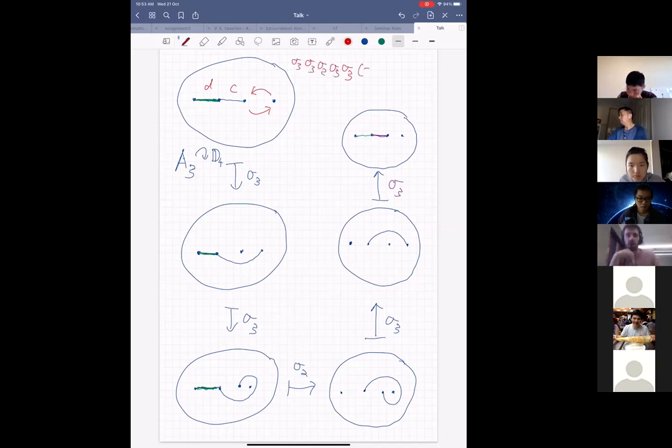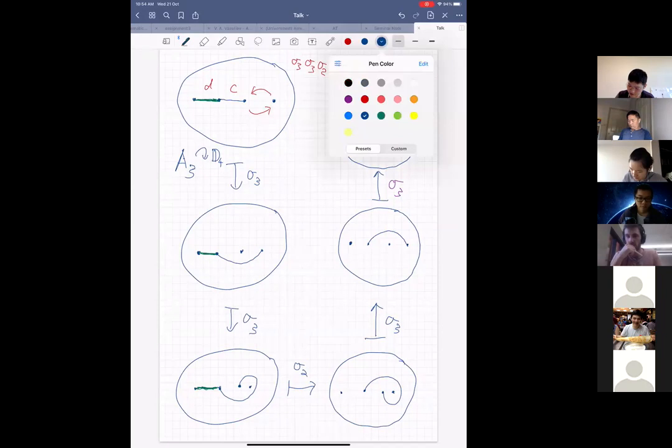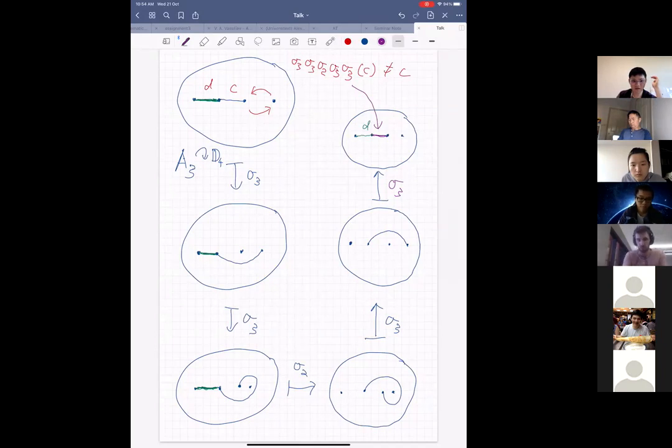Topology can't distinguish it, but the green line should be the same, so it's the normal D. But this purple already is different. I'm not touching the green. I'm not touching the green.